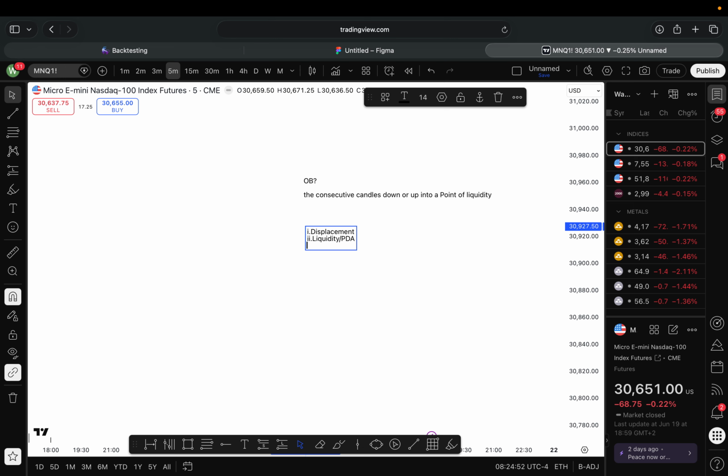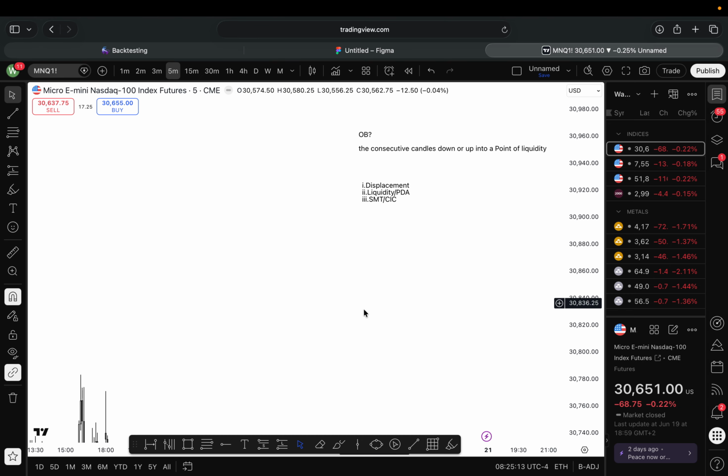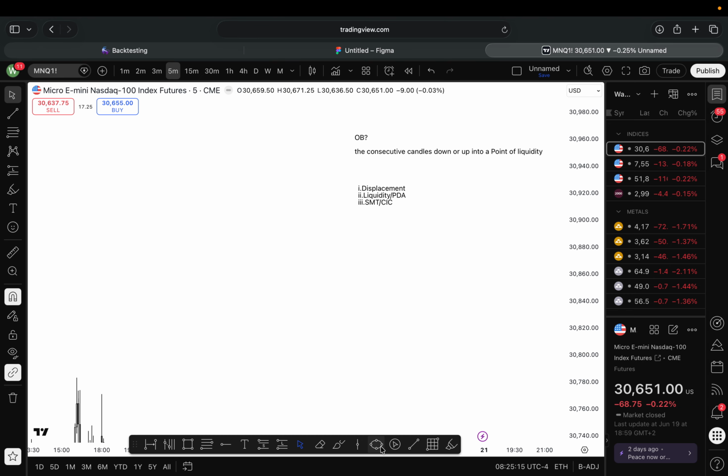And lastly, for me, the most important one, or like top two, is SMT, cracking correlation. We can get into this more in depth. I'll first show what an order block looks like, just drawing here quickly, and then we will get into some examples in the chart.